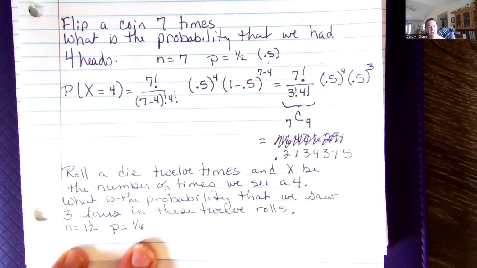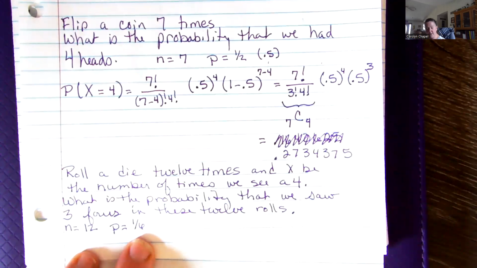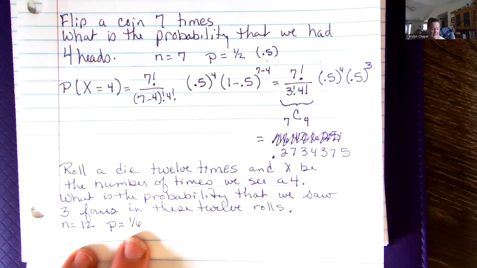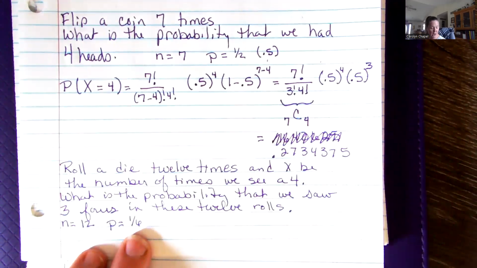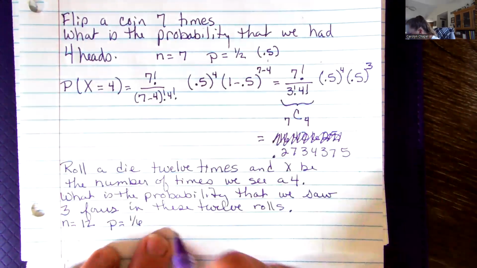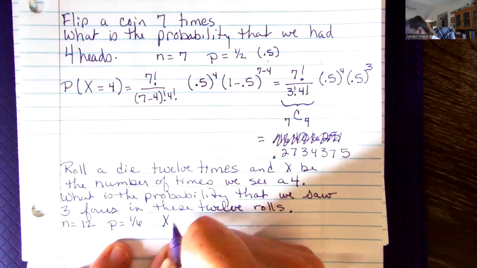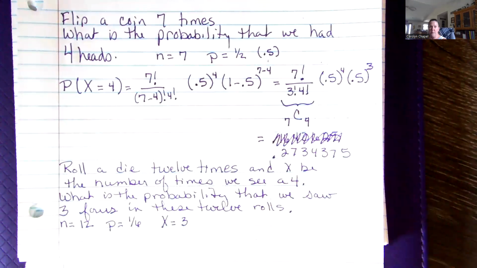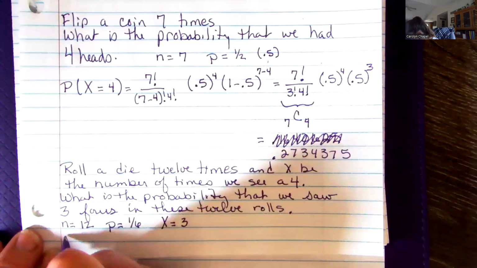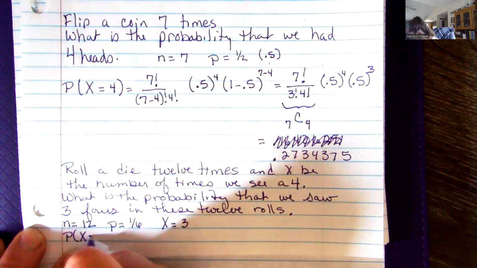If you change this to a decimal, you will have some round off error, so it is just best to use the 1/6 if you're doing it using a calculator. As I said previously, I will create another video using technology so you can see how technology can help us. And if you want to think of it, we were looking for the probability that x is equal to 3. So we're looking for the probability that x is equal to 3.